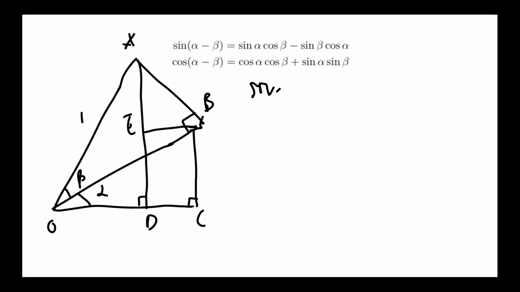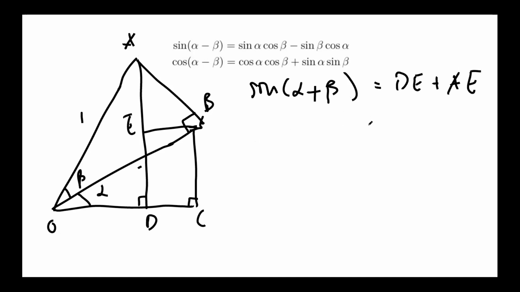Sine of alpha plus beta. Since the hypotenuse is 1, we can just look at the opposite side, which is just DE plus AE.